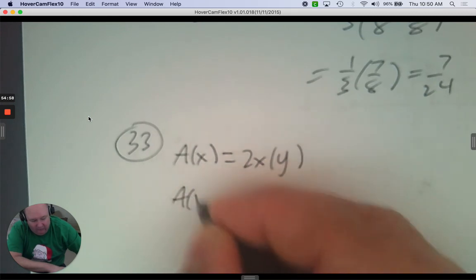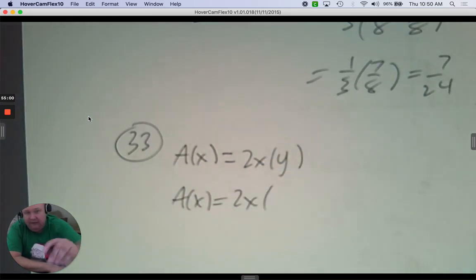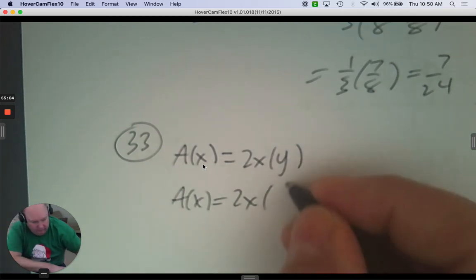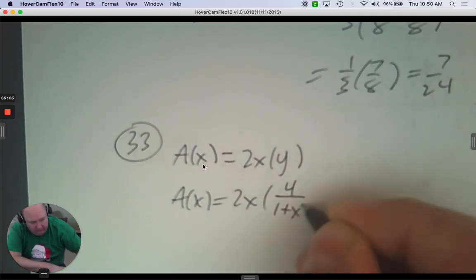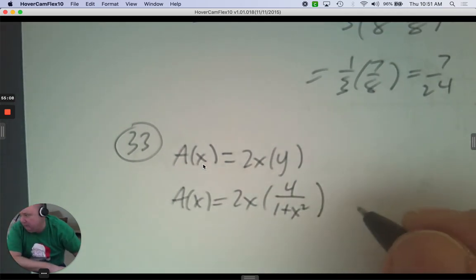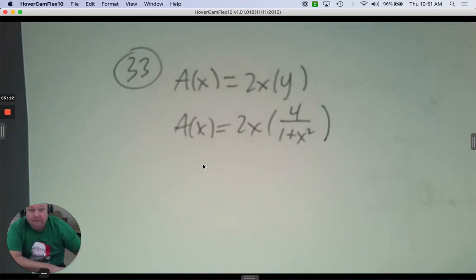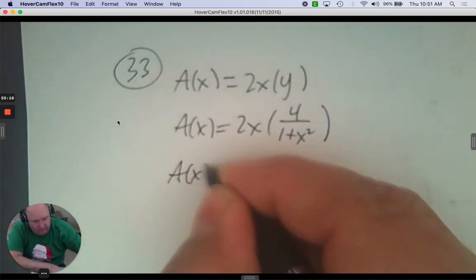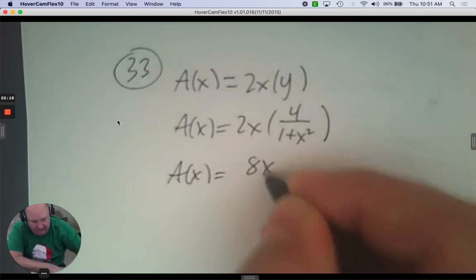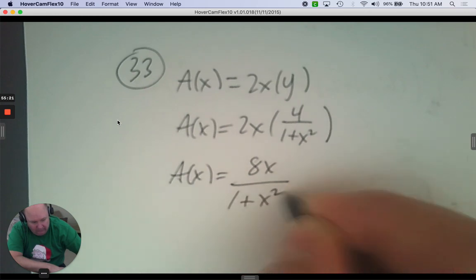And in the question, it already tells you that the y coordinate is 4 over 1 plus x squared. That's what y equals. Next, I'm going to multiply them together. So that's 8x over 1 plus x squared.